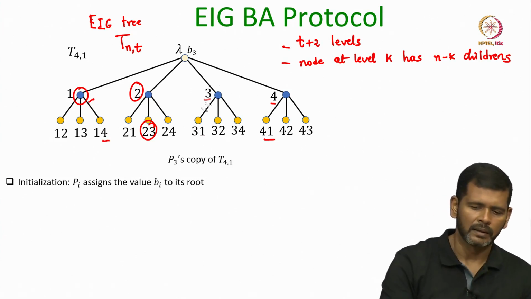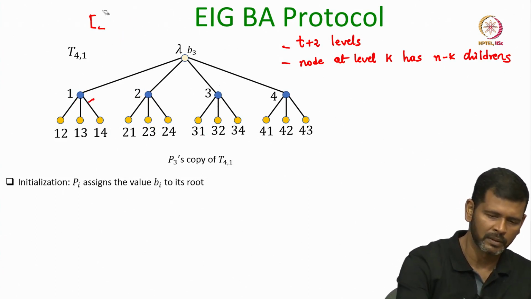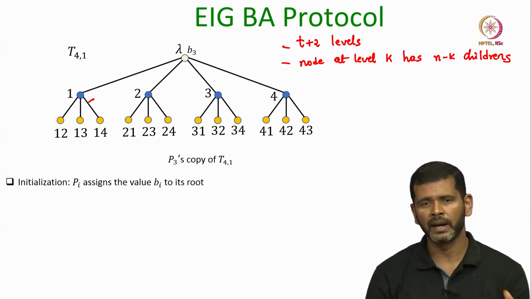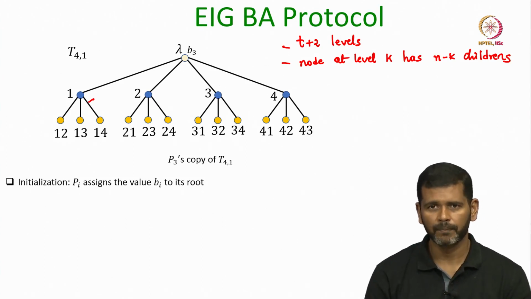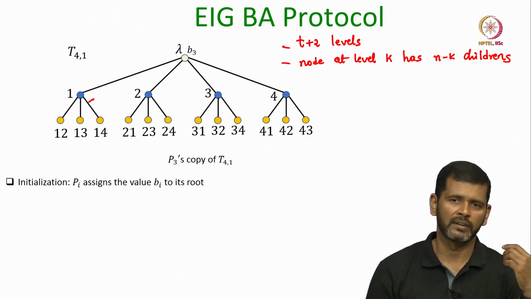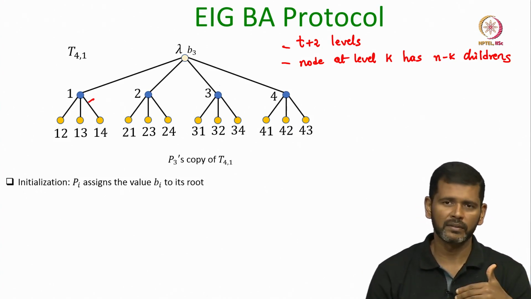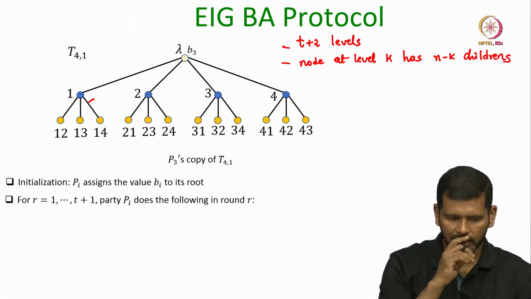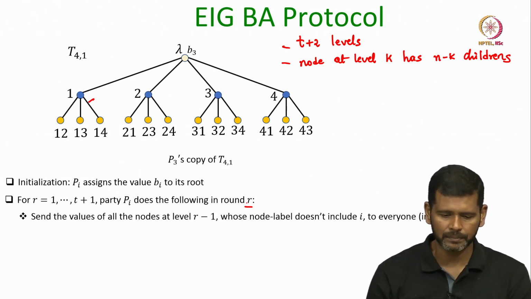In the protocol the parties exchange messages for t plus 1 rounds. Basically, at each round they exchange the values of their respective nodes at some specific layer with each other, and based on the values they have received from other parties, they assign values to the children at the next layer. More specifically, for r equal to 1 to t plus 1, party Pi does the following in round r.